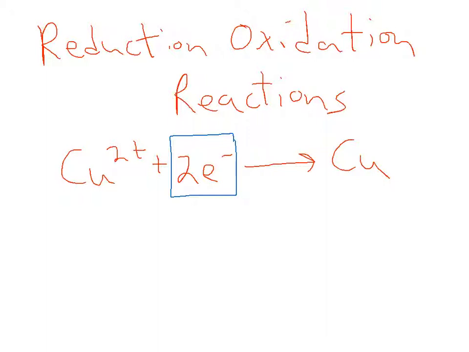For example, if I have something that likes to give away its electrons, for example, something like magnesium. Magnesium likes to give away its electrons, and in doing so becomes positive.